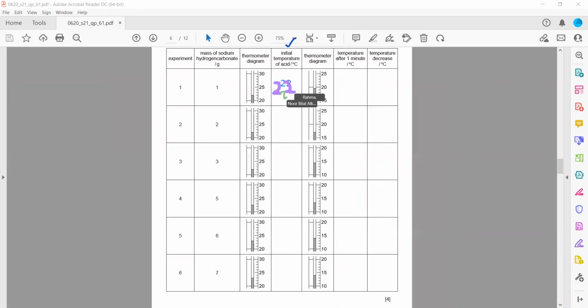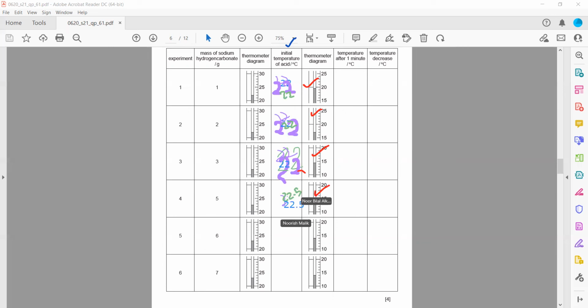The first one is 29. That's correct. The second one is 29 as well. That's right. The third one is 22 as well. That's right. 22.5.